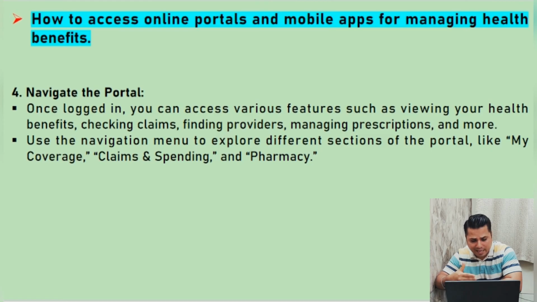Once you are logged in, you can access various features such as viewing your health benefits, checking claims, finding providers, managing prescriptions, and more. Use the navigation menu to explore different sections of the portal like My Coverage, Claims and Spending, and Pharmacy.